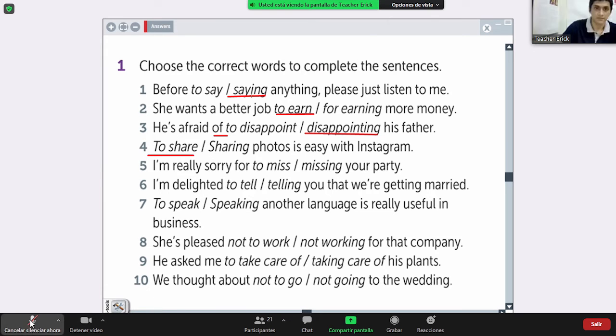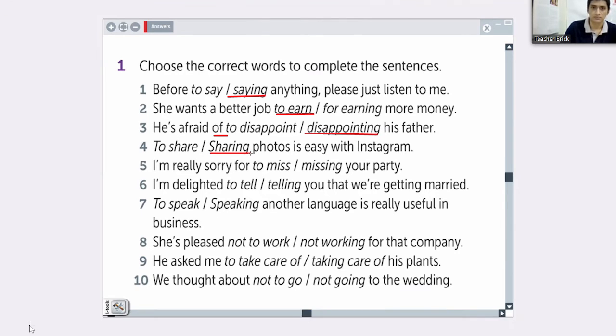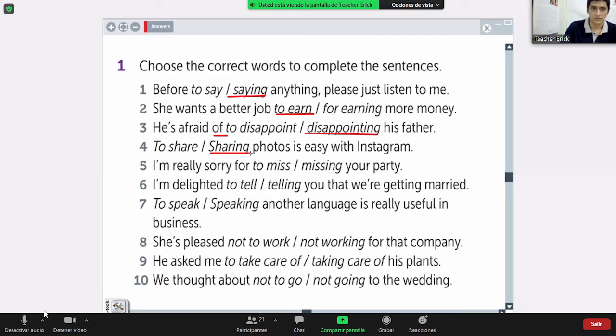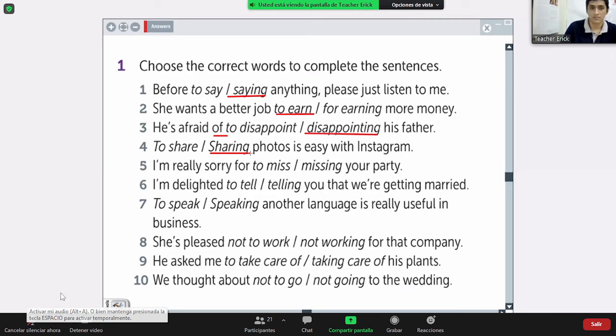No, okay. Sharing. Sharing, okay, yeah. So sharing, dijimos que suena más natural decir o poner ing como sujeto. So, to share también es posible, pero suena más natural. Sharing photos is easy.